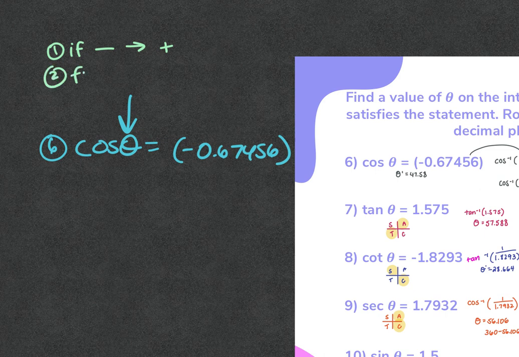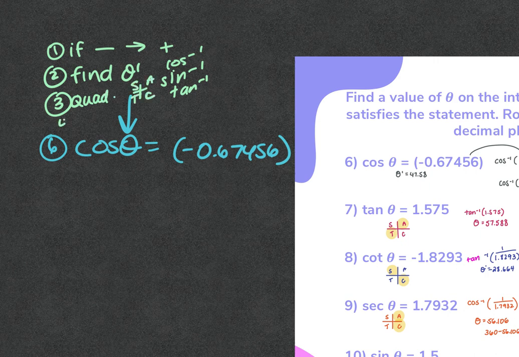Second, find the reference angle by using the -1 buttons. Sine, cosine, tan -1s. 3, figure out your quadrant based on all students take calculus. 4, find the actual angles.